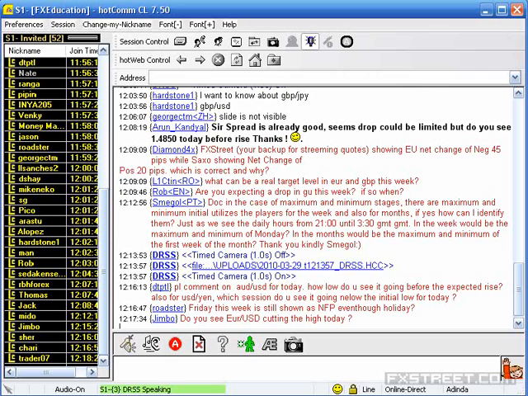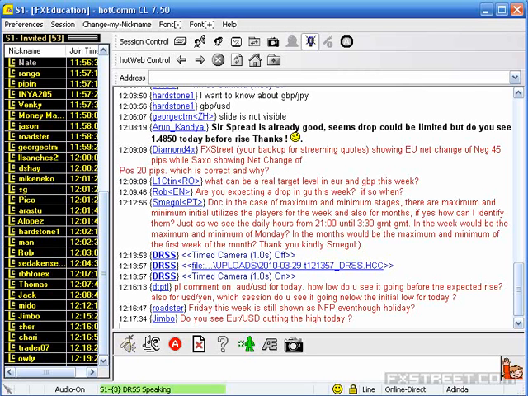Then Arun: spread is already good. Seems drop could be limited, but do you see 48.50 today before the rise? Yeah, the spread is good, but they have only hit the stops of those who had taken the sell positions on Friday, and they kept their stops in order to limit the risk, and subsequently they had dropped it. So the big moves happening during the gap times are false moves.